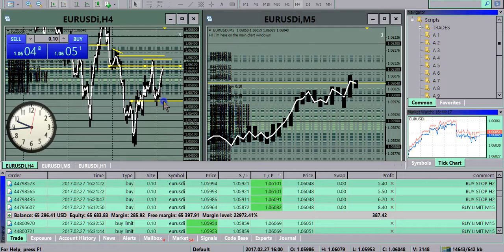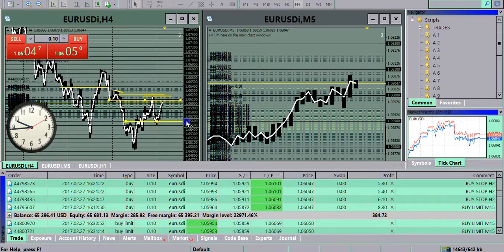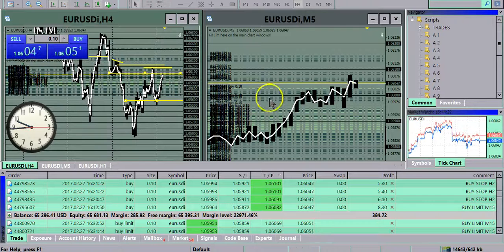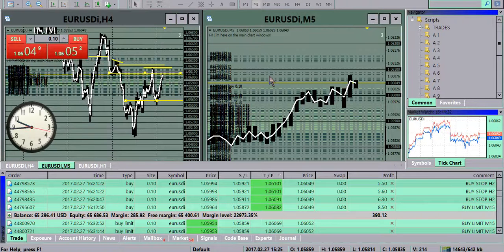Here's that top bottom here from last week. $10 pip. So my targets are 9 pips, 8 pips stop overall. I mean, soft stop.